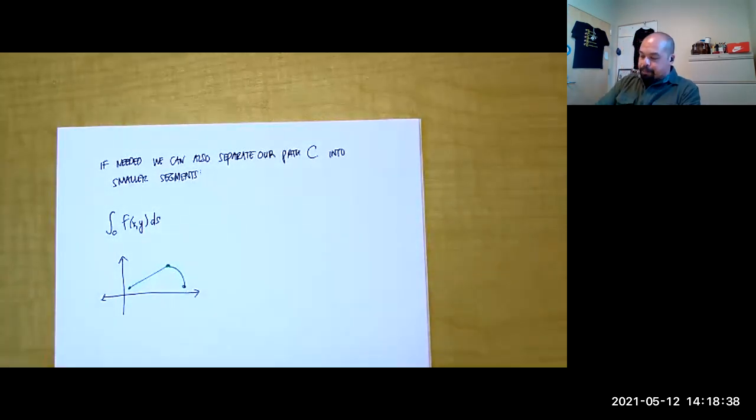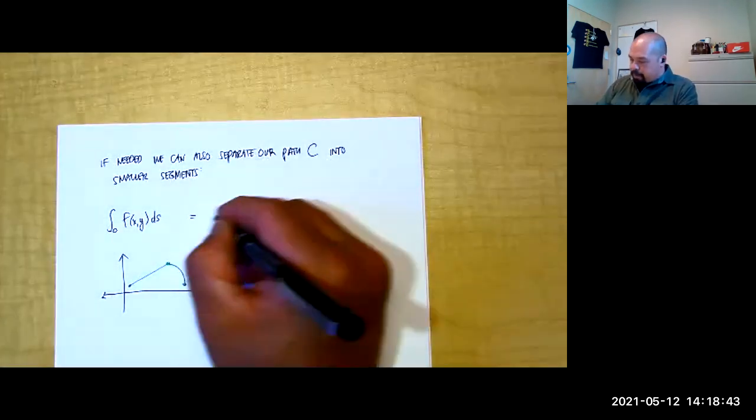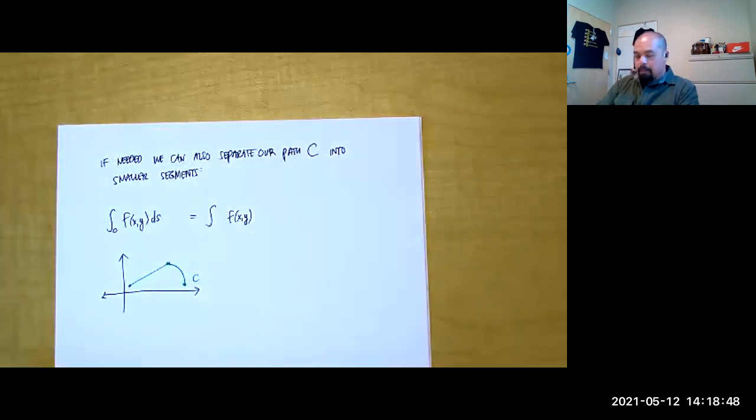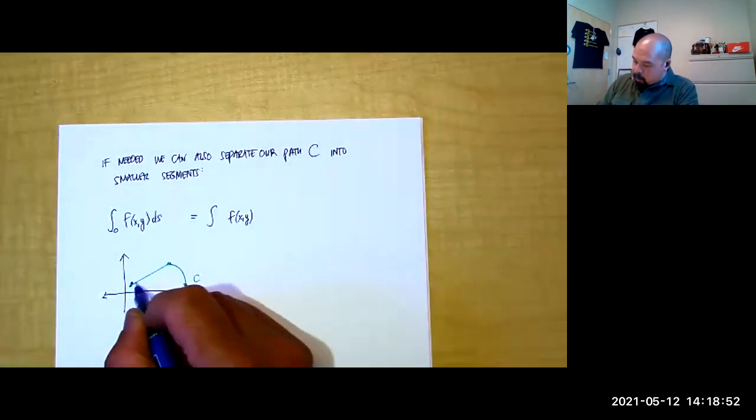So in this case, if this is our path C, what we can do is start to separate the way we parameterize.